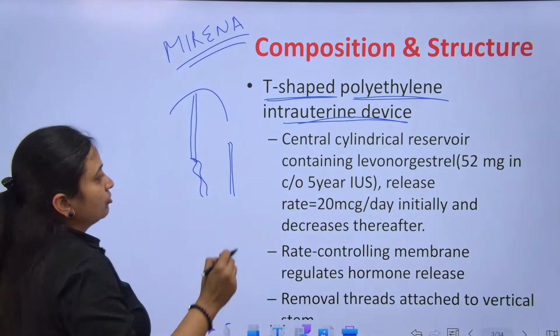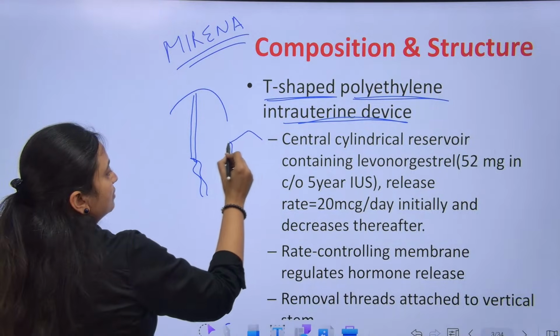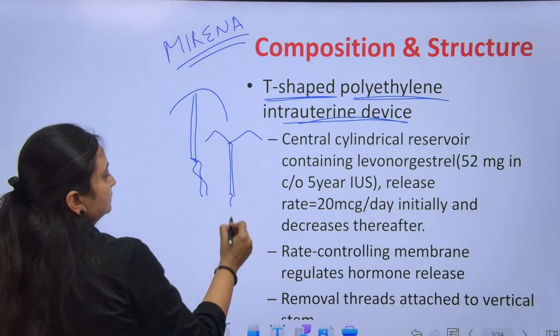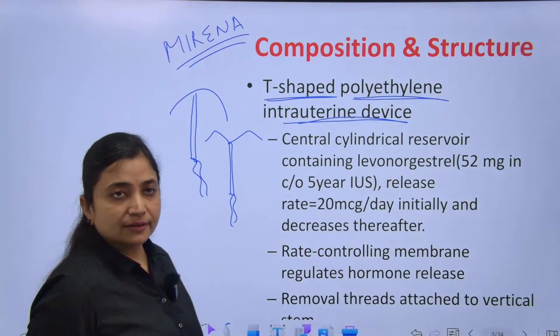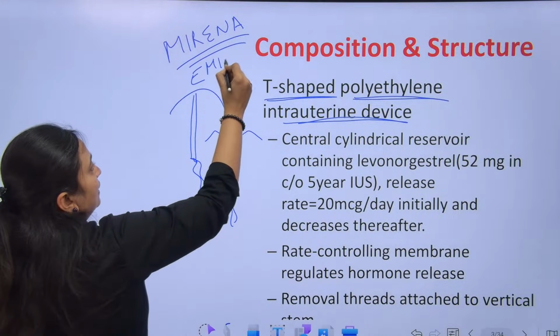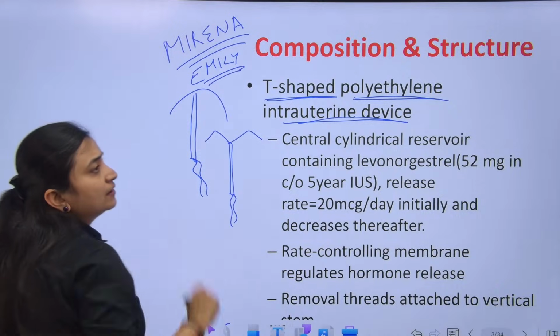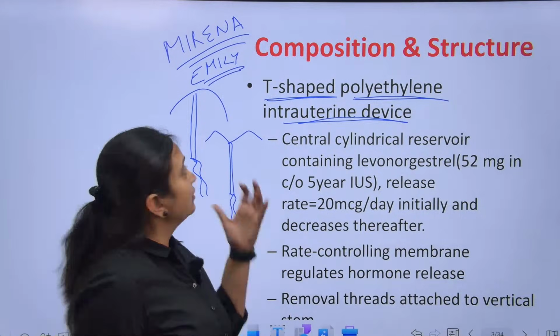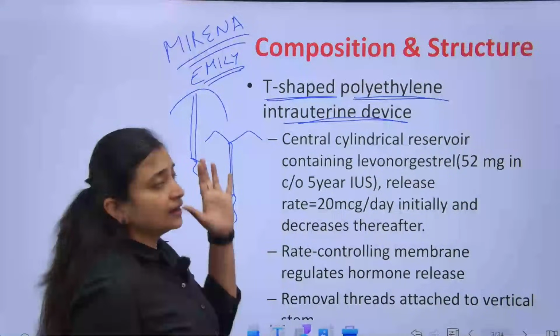If we talk about Mirena, the structure looks somewhat like this, right? And the other names are Emily and many others. It is available as Mirena and Emily, but there are 4 or 5 other trade names also.